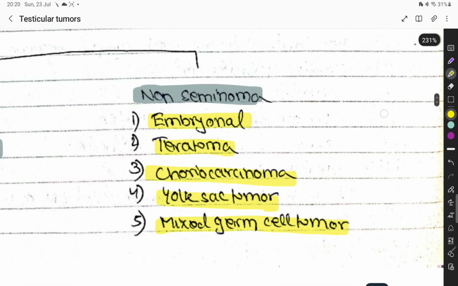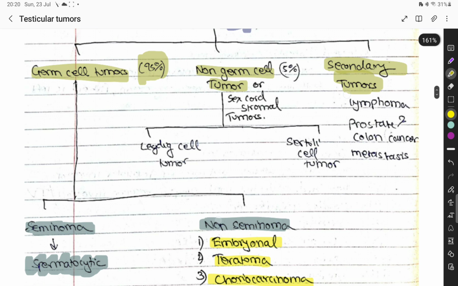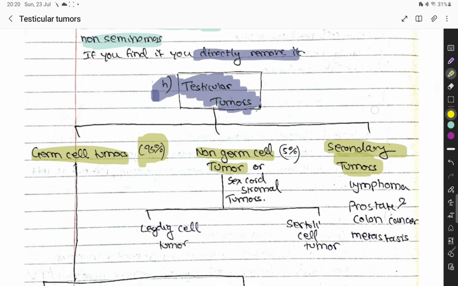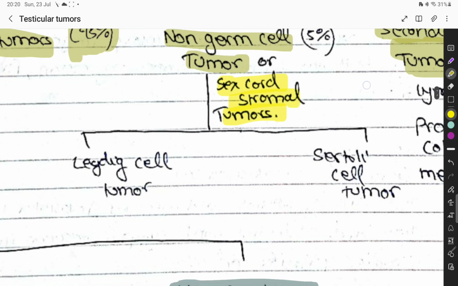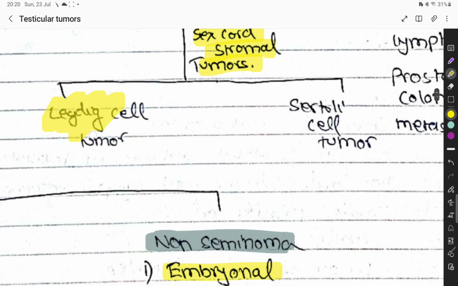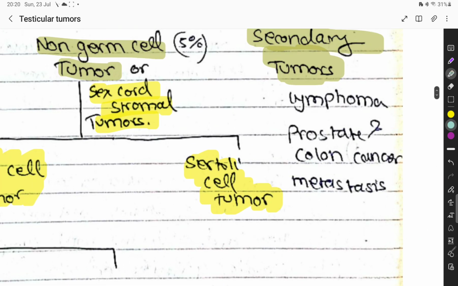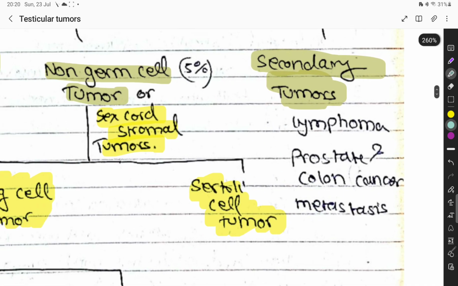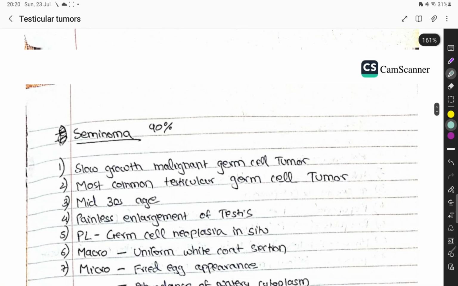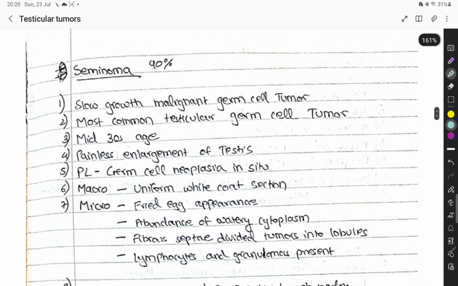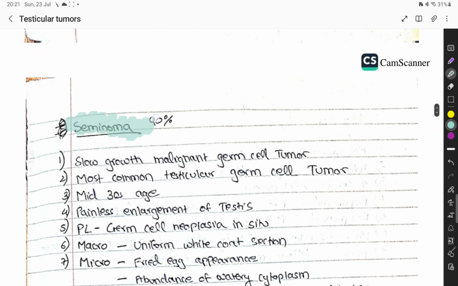Now, non-germ cell tumors, you have sex cord stromal tumors. You have Leydig cell tumor and Sertoli cell tumors. And in secondary tumors, the tumors which mostly metastasize into the testis are lymphoma, prostate, and colon. Now we'll enter seminomas.